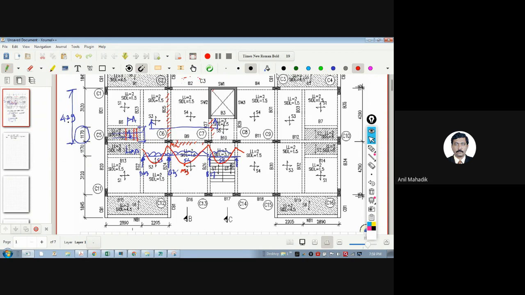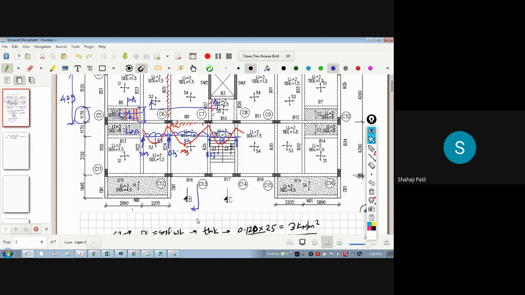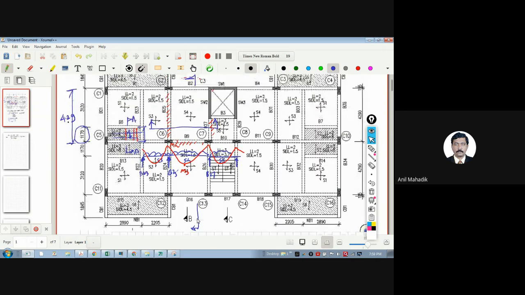So let me draw a section like this also. If you draw the section like this, and if I want to draw a loading diagram there, how will it look? These are my beam supports. I'm drawing vertically here. Please try to understand. And these are the loads.